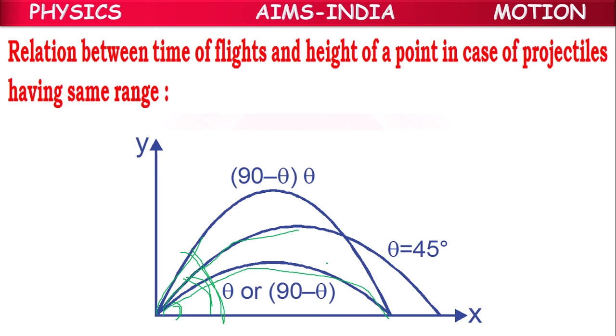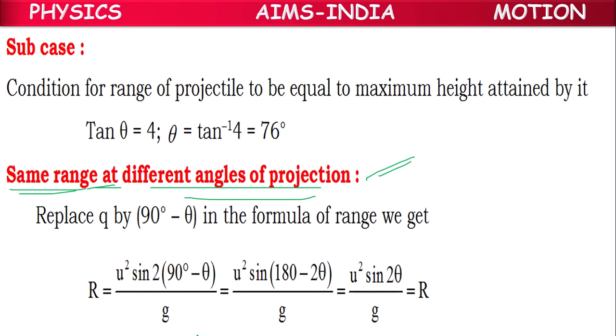For this first projectile, this second projectile, this third projectile, if we compare the first and third projectile, the horizontal distance traveled by them is the same, meaning the range is the same, but the angle of projection of 1 is different from that of 3. Means we can get the same range for different angles of projection.